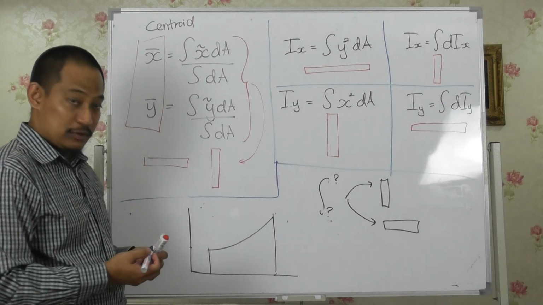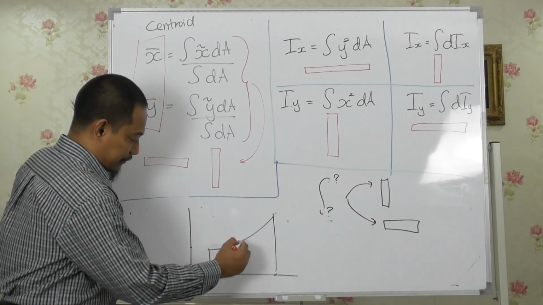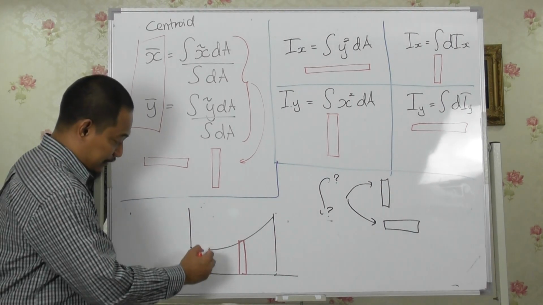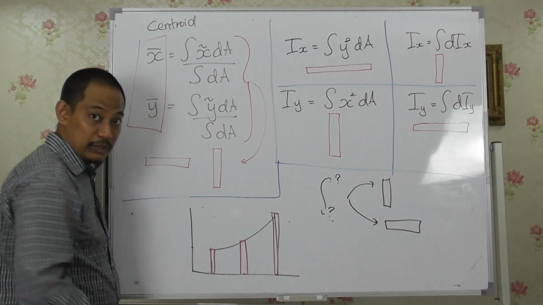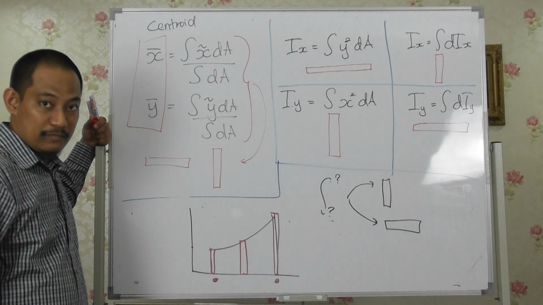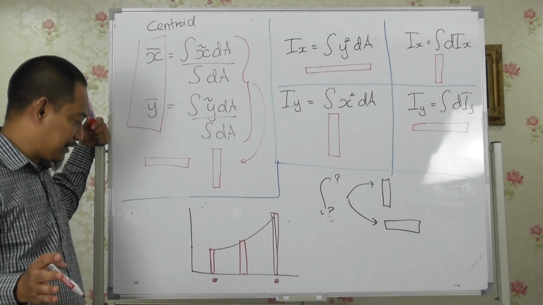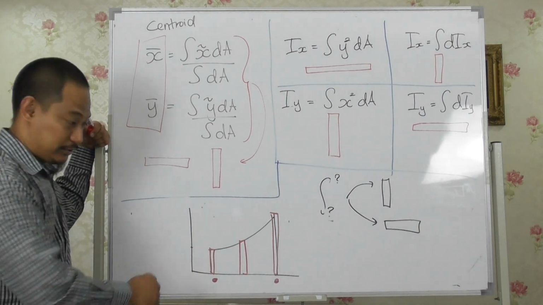So in this case, if you have vertical element, the first element is here, the last element here, right? So the limit for the integration is from here to here, right? So hopefully you get the drill by now. You understand? This is the area because this is outside of the area also, right?